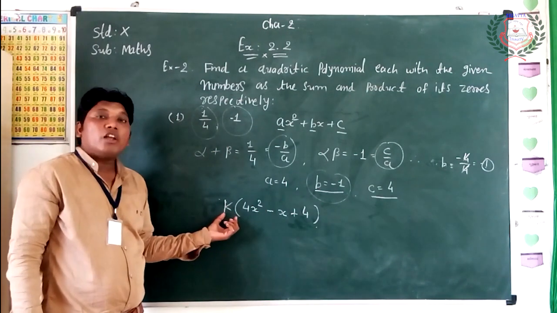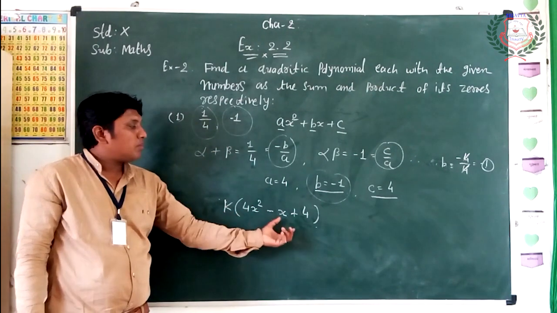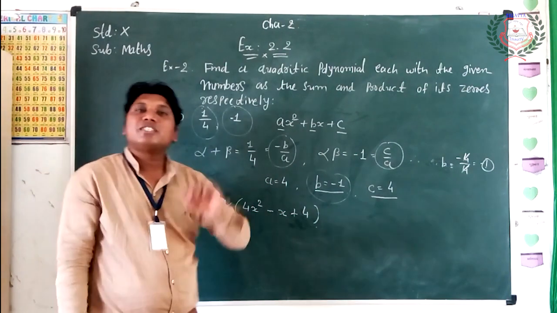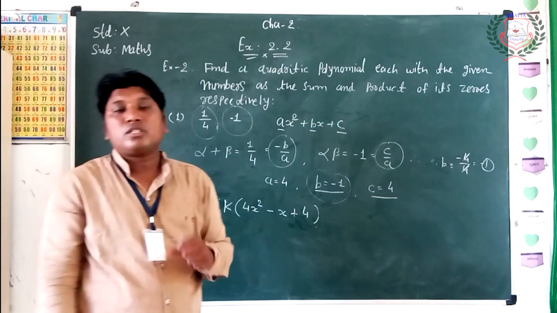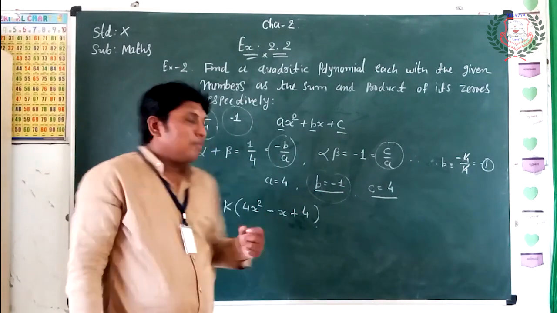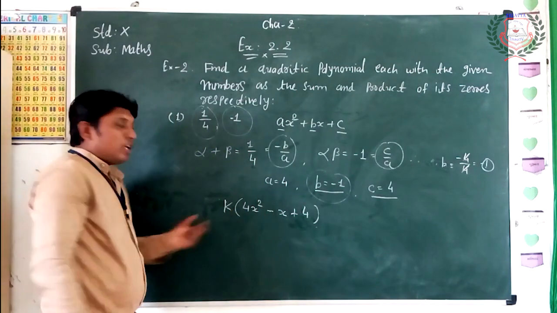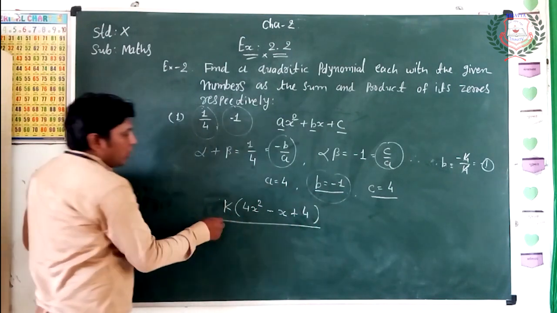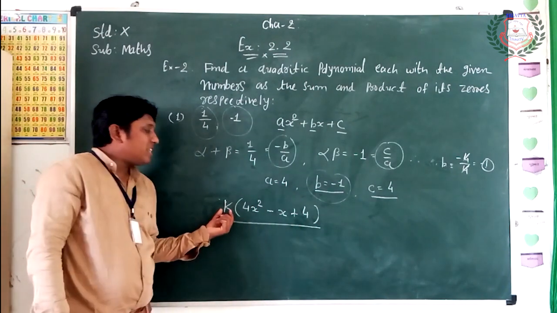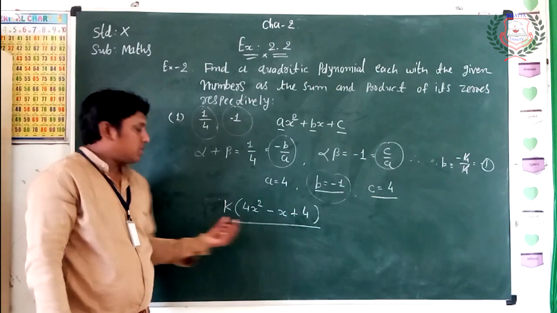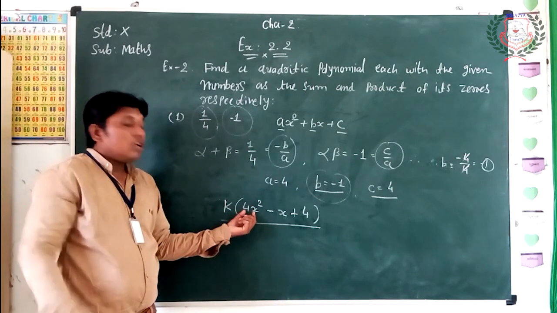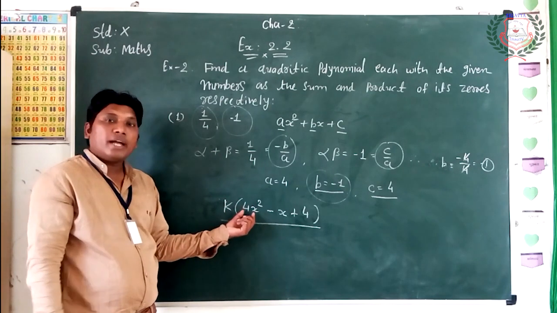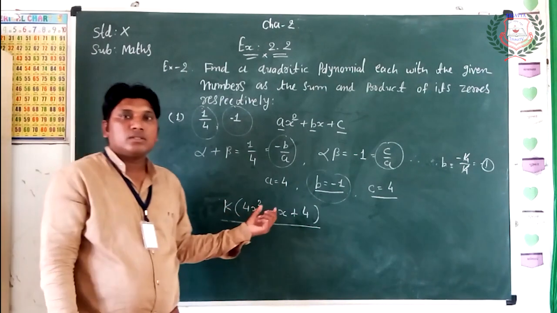When you change the value of k, the quadratic polynomial changes. There are lots of possibilities. When you put k is equal to 1, there is one polynomial, and when you put k is equal to 2, there is a different polynomial. So you can get lots of polynomials.